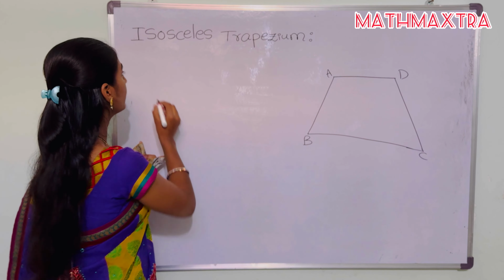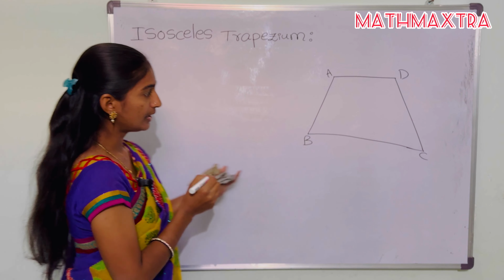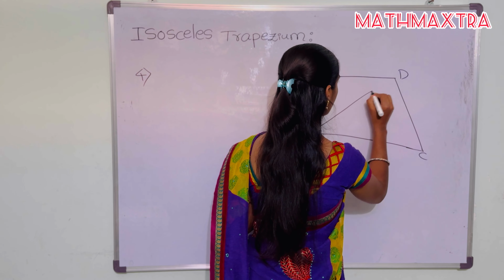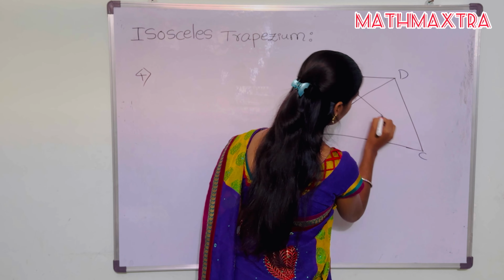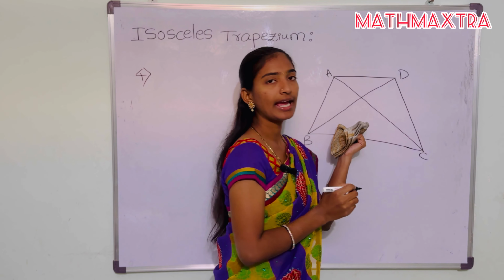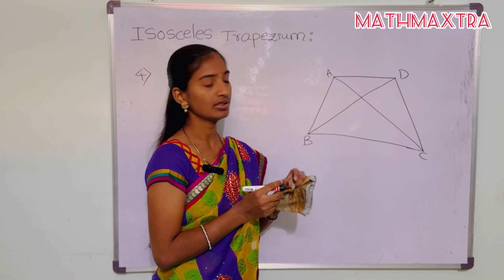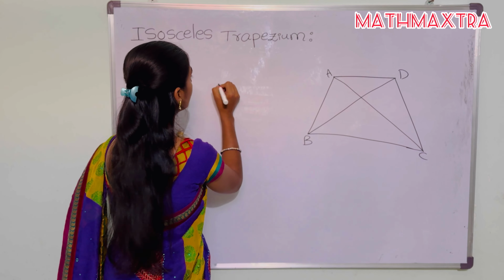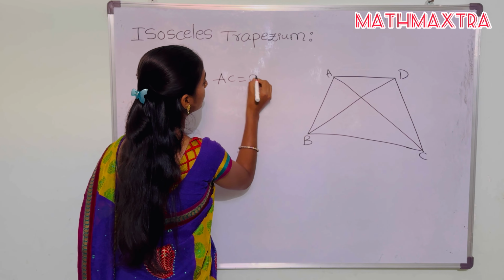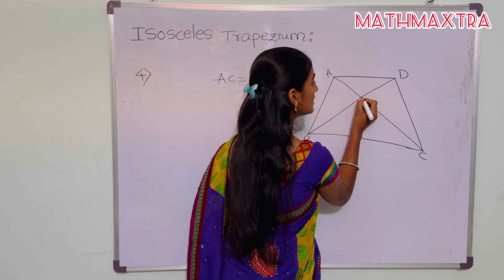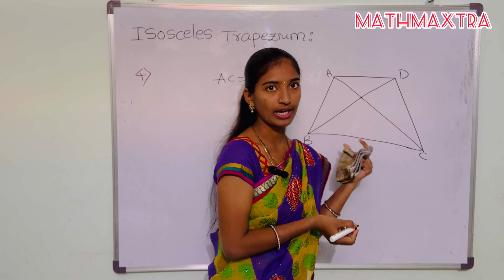Okay, and the fourth property is, see, this is a trapezium and these two are the diagonals, AC and BD. The diagonals of an isosceles trapezium are always equal in length, meaning AC is equal to BD. And this is the intersection point of the two diagonals.